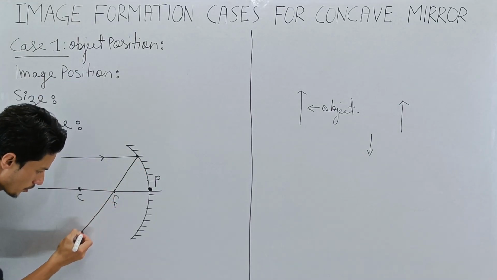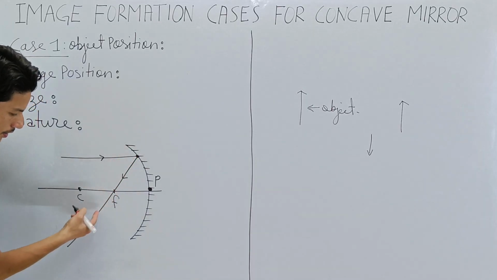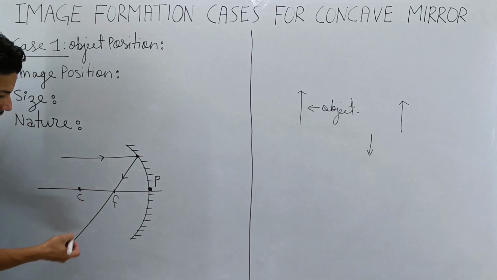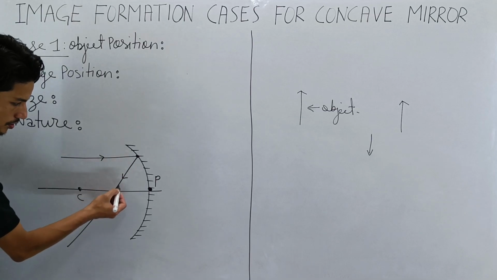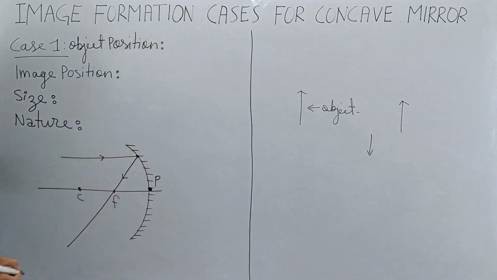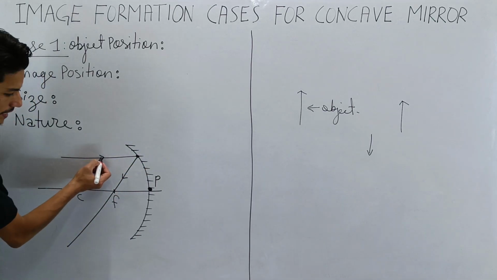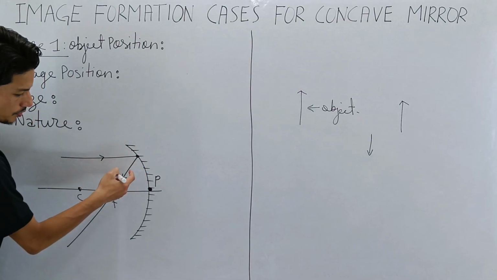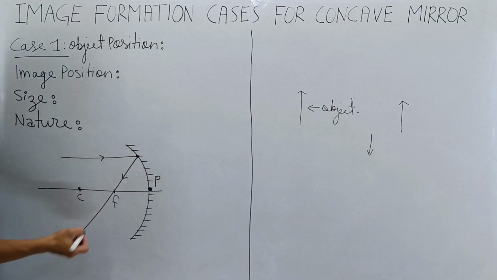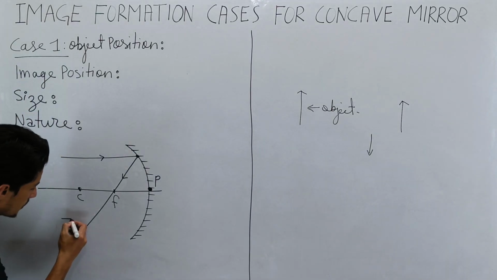This arrow indicates the direction of the reflected ray, and the reflected ray passes through the focus from this point of incidence. For the incident ray, this is the point of incidence, and for the reflected ray, this is where the reflection starts. Then let's draw the second ray, which will be this.